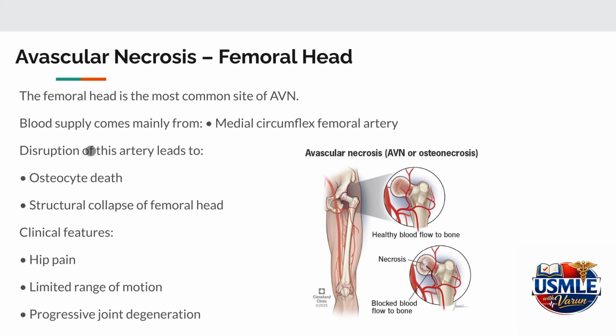If the artery is damaged, such as during a femoral neck fracture, the femoral head may lose its blood supply. As a result, the osteocytes die and the structural integrity of the bone weakens. Patients typically present with progressive hip pain and reduced range of motion. Over time, collapse of the femoral head can occur, leading to secondary osteoarthritis of the hip joint.